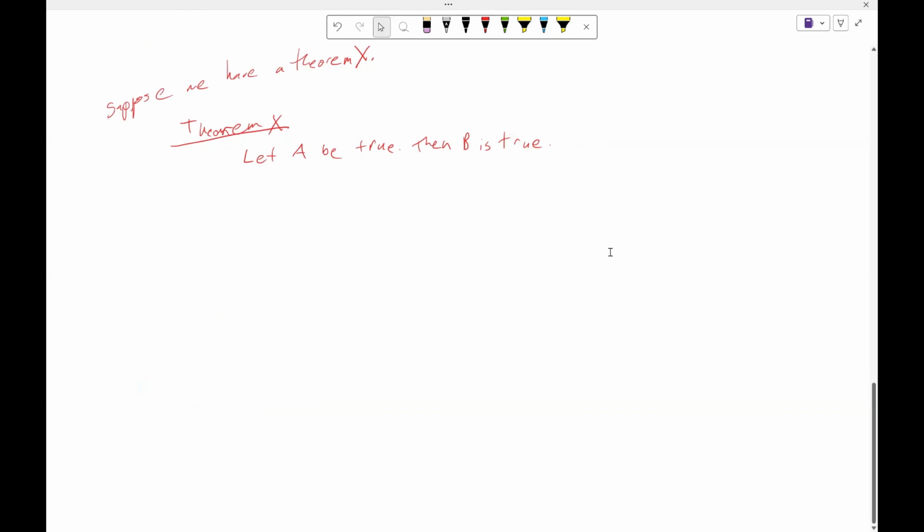So it gives us a set of conditions and says, let these conditions be true, then this result is true. If I wanted to use this theorem, there's a very specific way we typically use it. Using theorem X: as A is true, by theorem X, B is true.